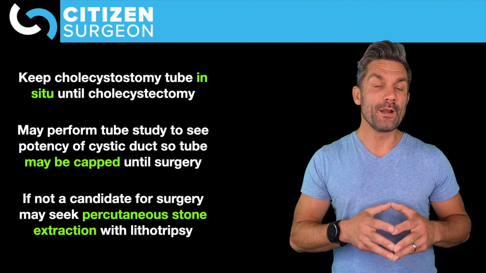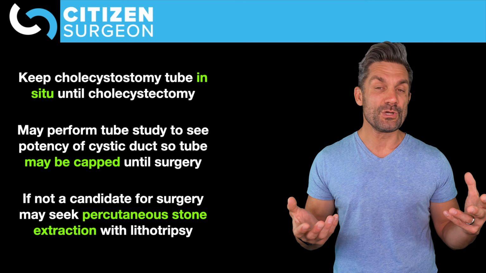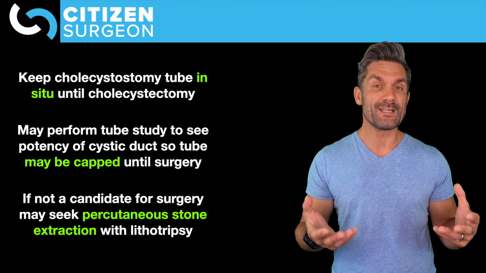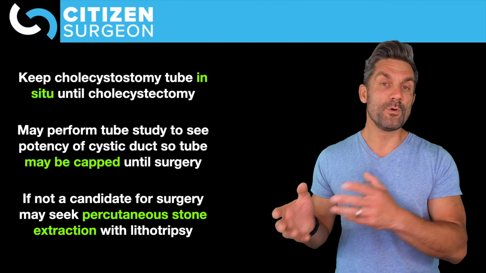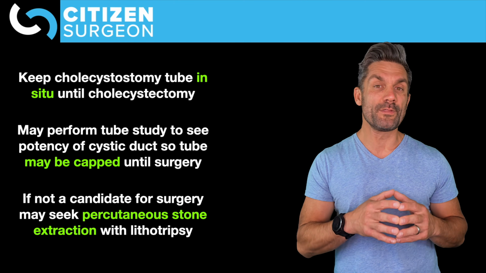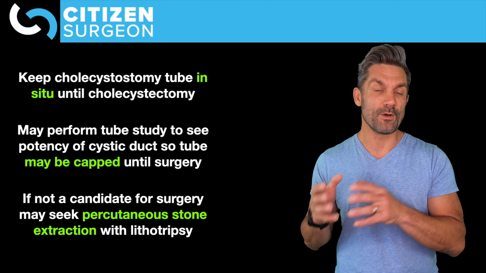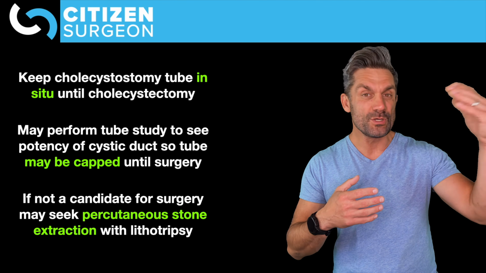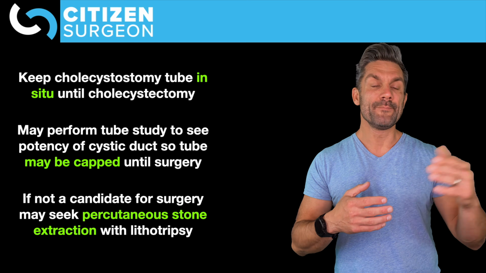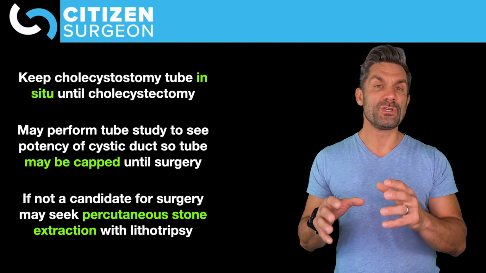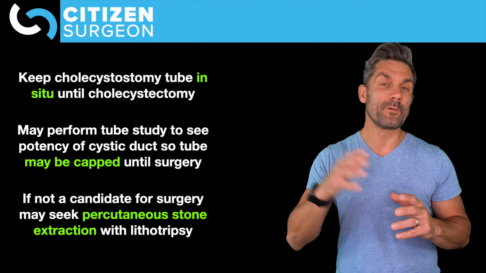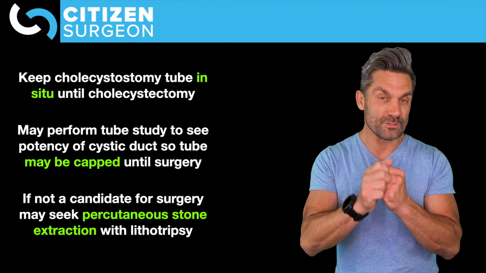Or we can leave this tube in situ, and if the patient continues not to be a surgical candidate, we could remove the tube or perform lithotripsy through the tube to break those stones up. So there are some options there.